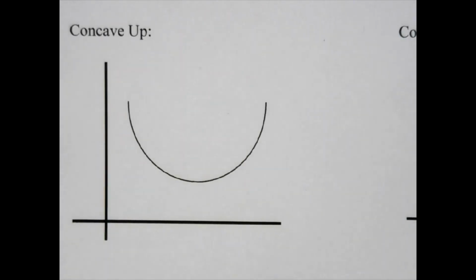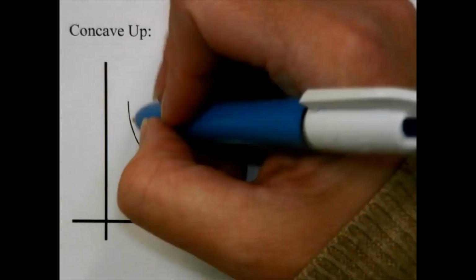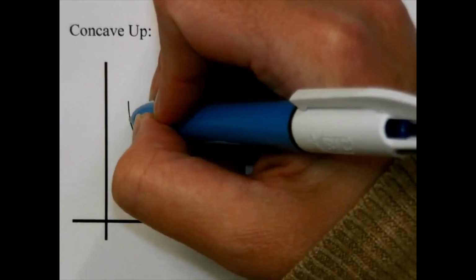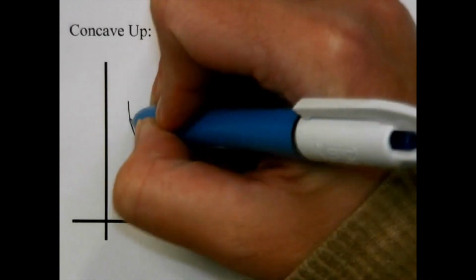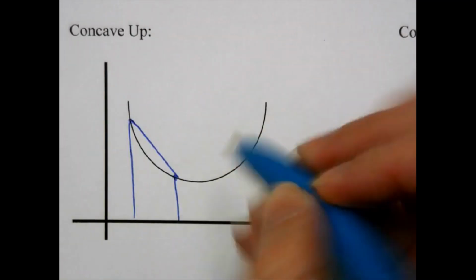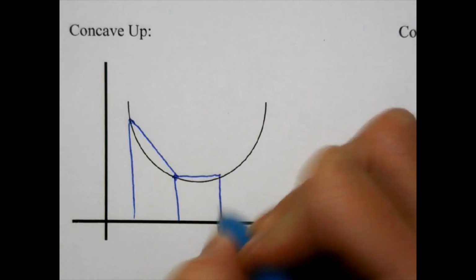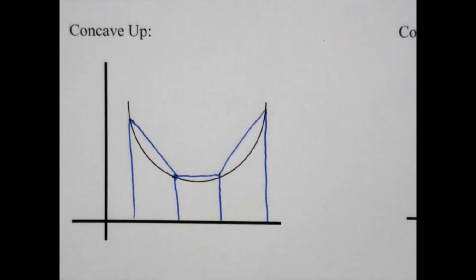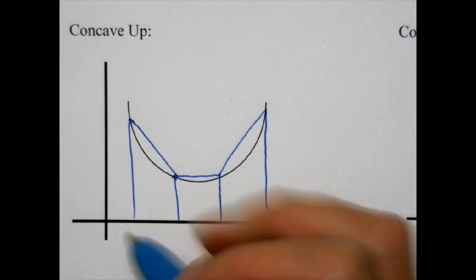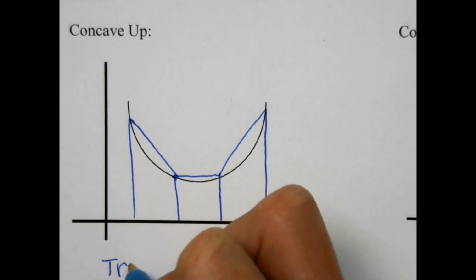Concavity will affect whether a trapezoid is over or under. So if I'm concave up and I wanted to do the trapezoid rule, all of those trapezoids are above the curve. So this is going to be an overestimate for a trapezoid.